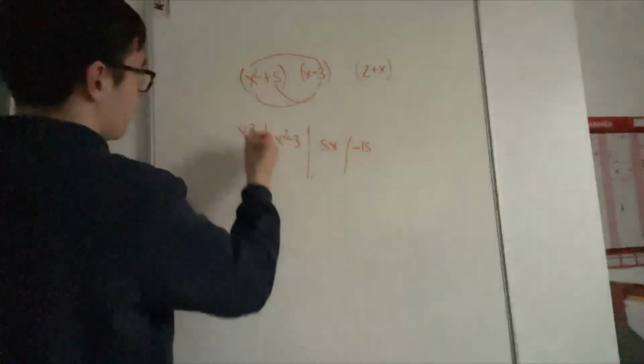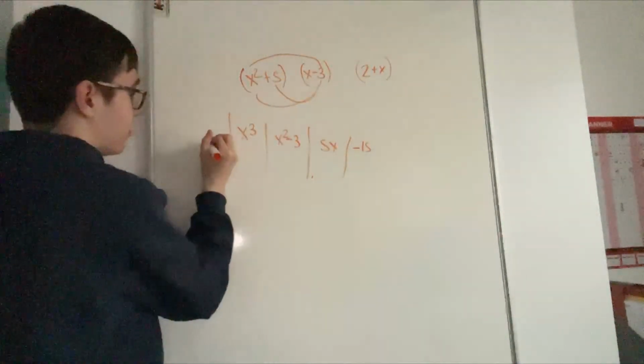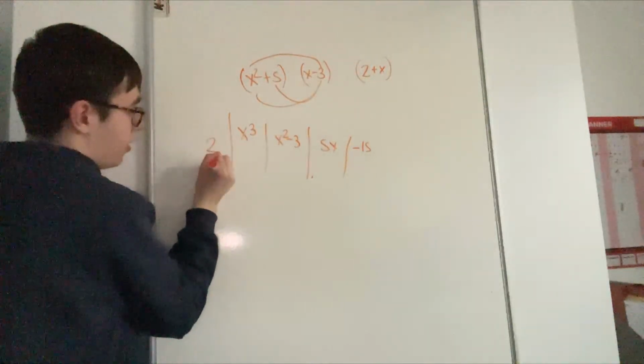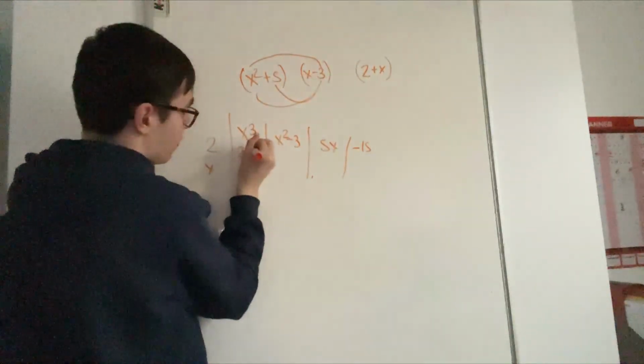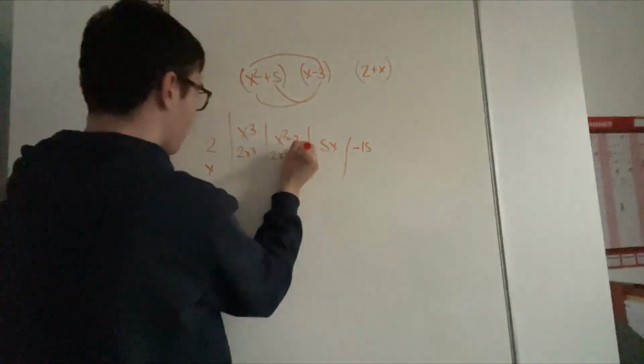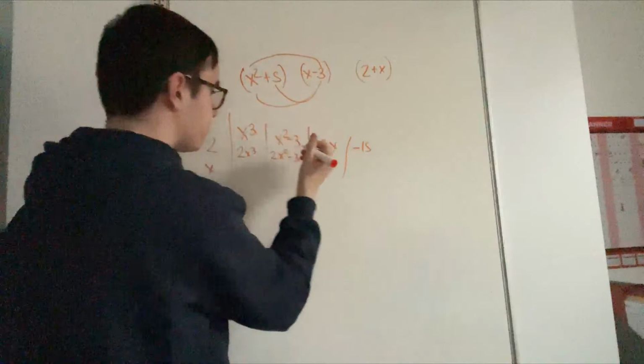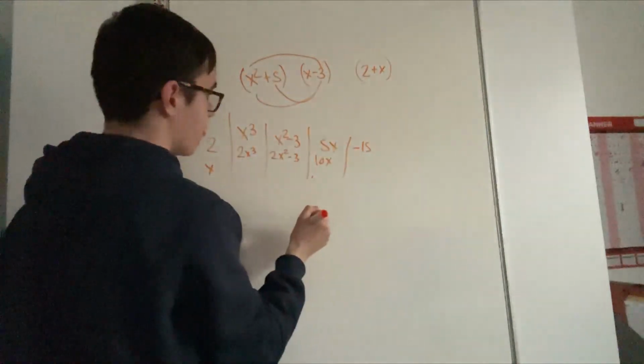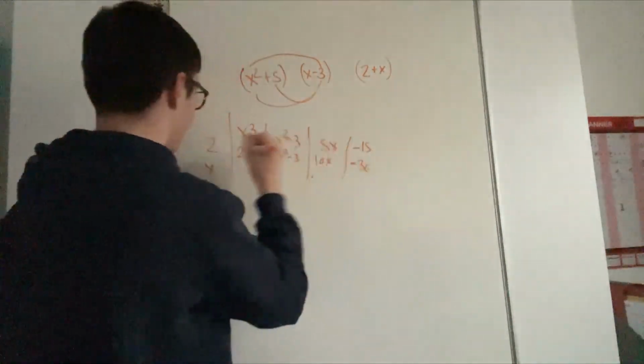So those are our terms, and we would put the bracket in, so 2 and x. That would be 2x cubed. That would be 2x squared minus 3, I think. That would be 10x. That would be minus 30.